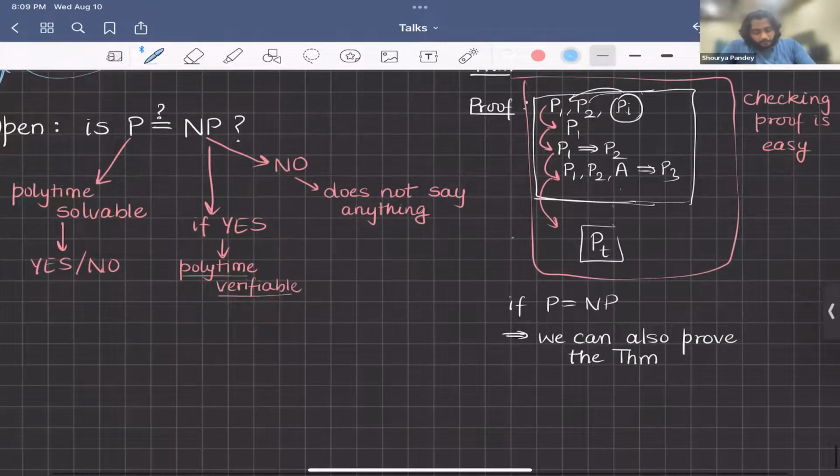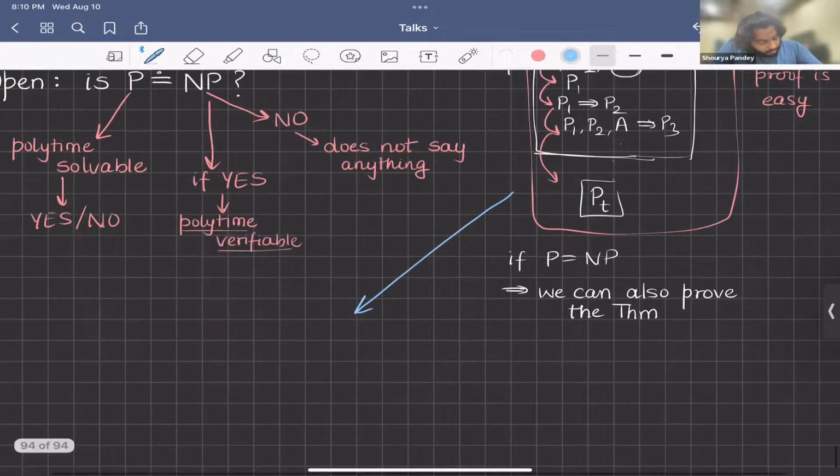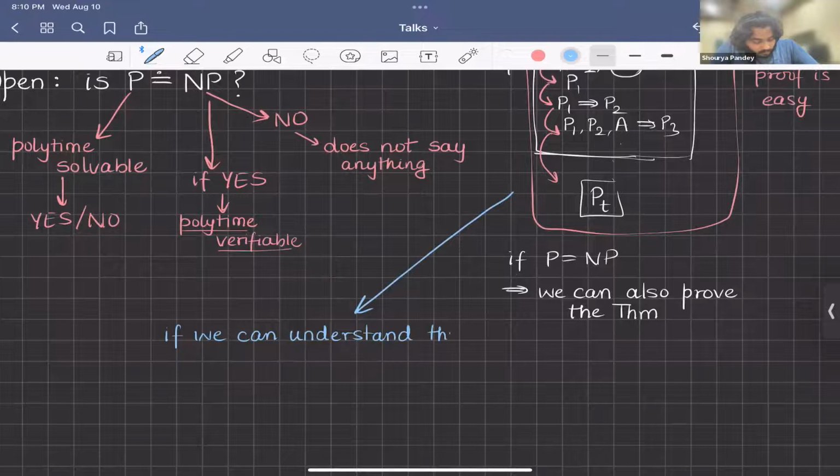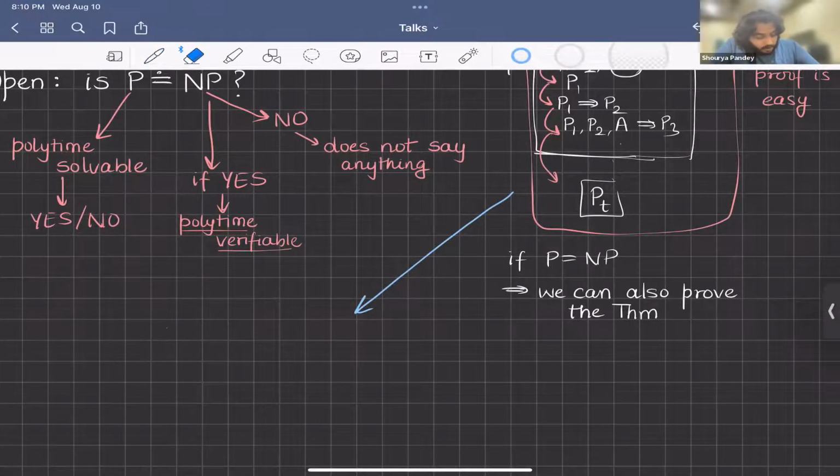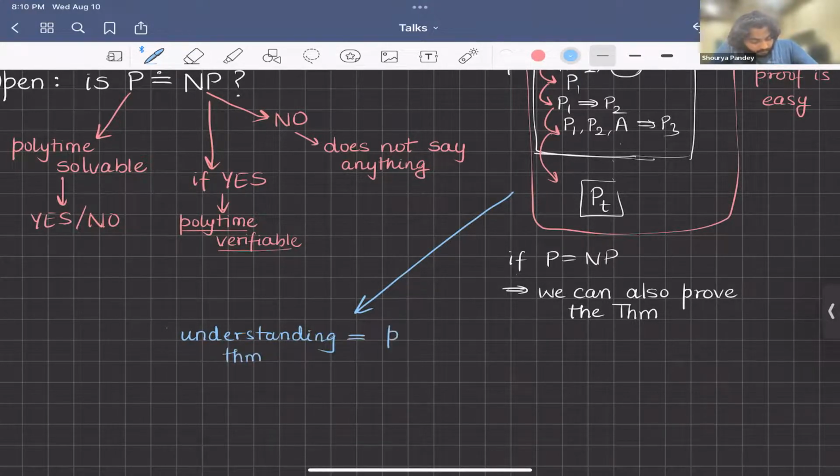So that's one logic. But everything I said is very vague. The idea is that understanding theorems is as hard as proving theorems, which seems sort of wrong, right?